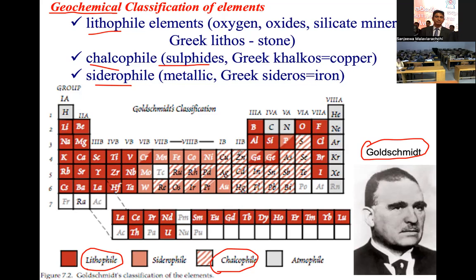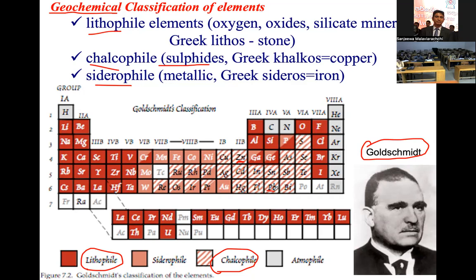For example, zinc, if you take it as one example, zinc sulfide, right? What is zinc sulfide? Sphalerite, the mineral sphalerite, right? Like that, we have lead sulfide. What is lead sulfide? Galena. Okay, so they are not rock forming minerals, but they are economic minerals.